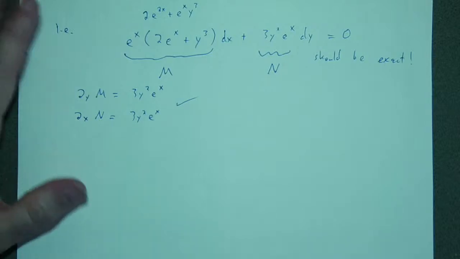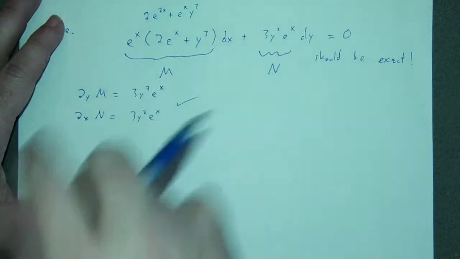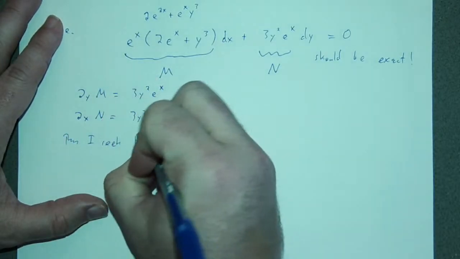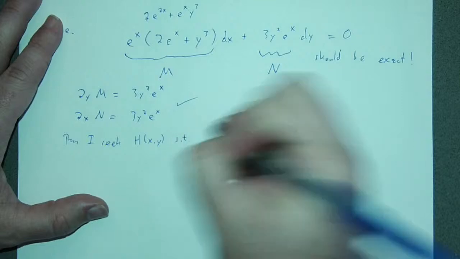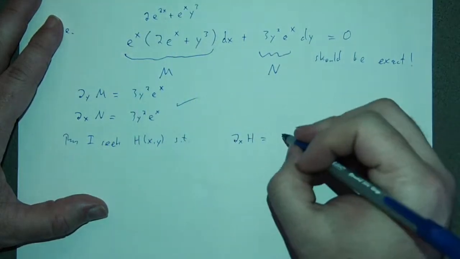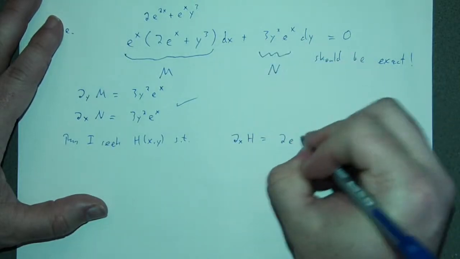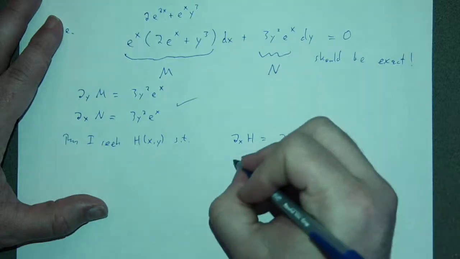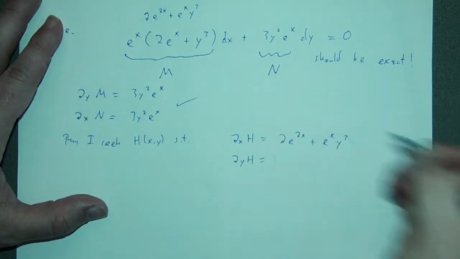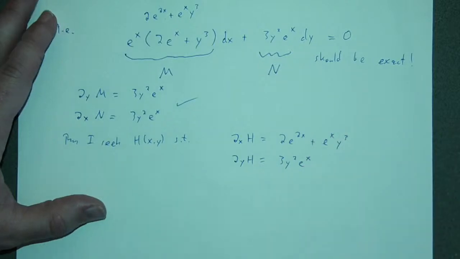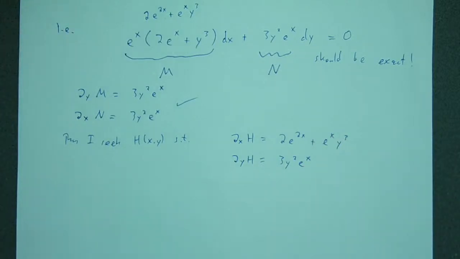So now I seek h of x y such that the x partial of h is equal to m, which is 2e to the 2x plus e to the x y cubed, and the y partial of h is equal to 3y squared e to the x.